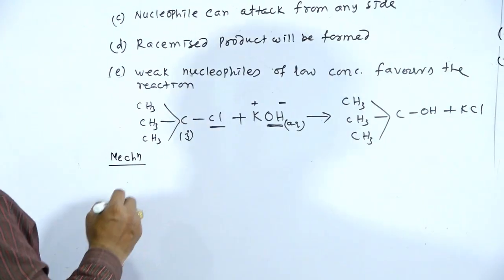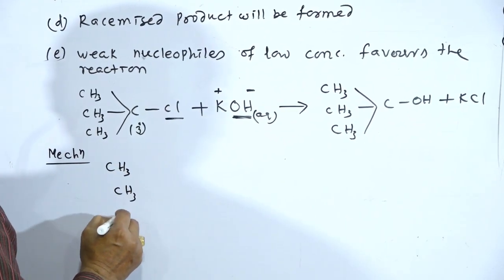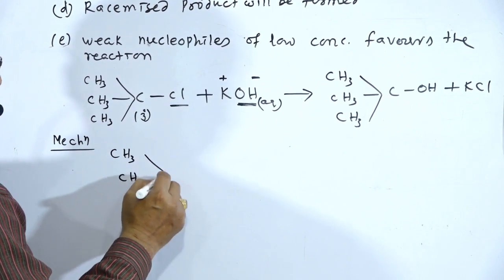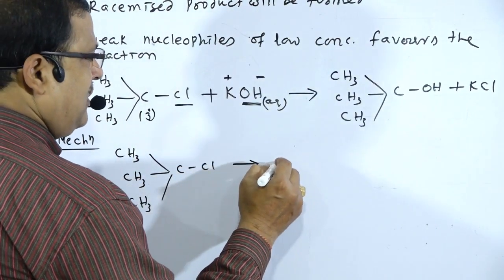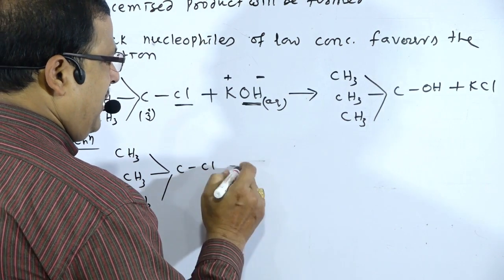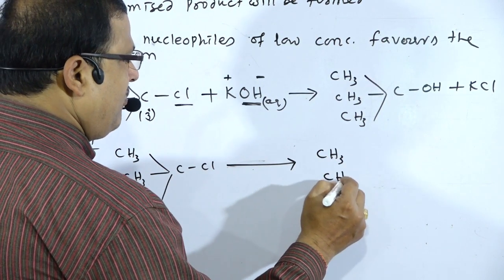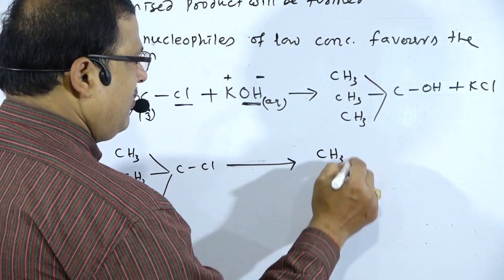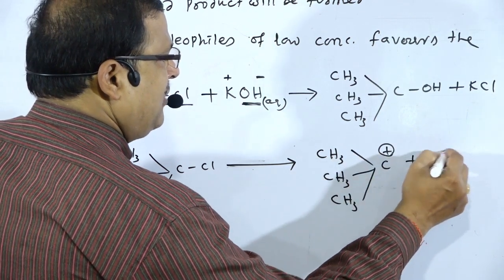So first step, there is the formation of carbocation. In the first step, there is the formation of carbocation, C plus Cl minus.